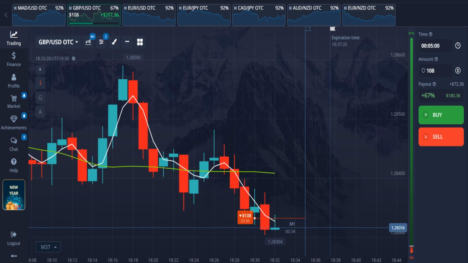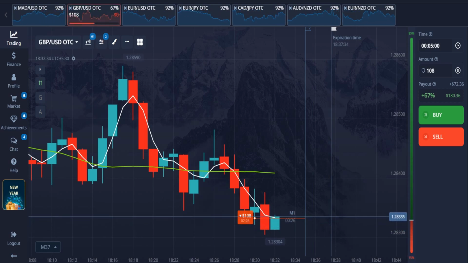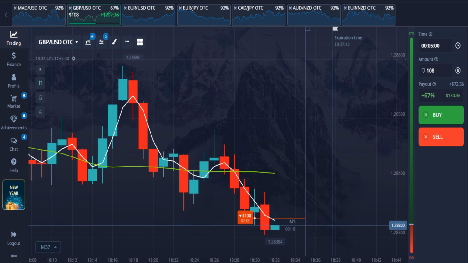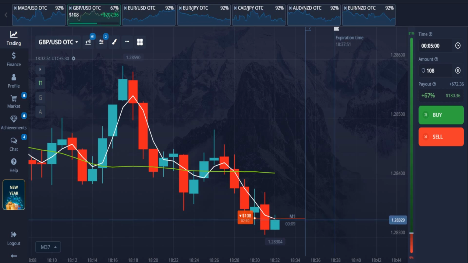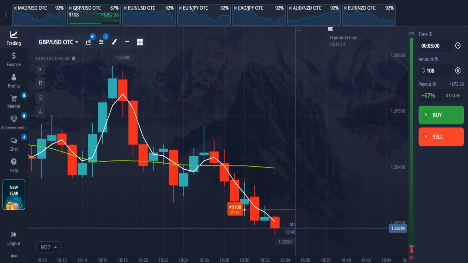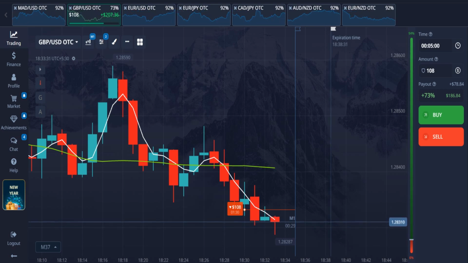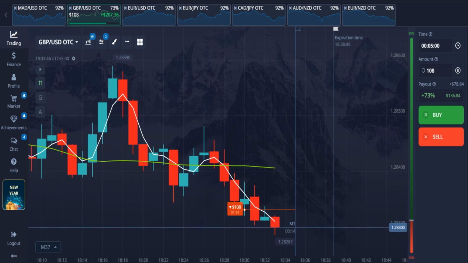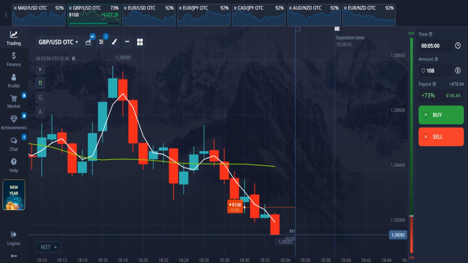When the shorter SMA crosses above the longer SMA, it's a buy signal, indicating a potential upward trend. When the shorter SMA crosses below the longer SMA, it's a sell signal, pointing to a downward trend. This method is simple, beginner-friendly, and highly effective for short-term binary trading. But a quick tip: this strategy works best in trending markets.